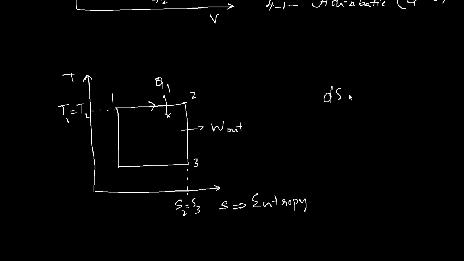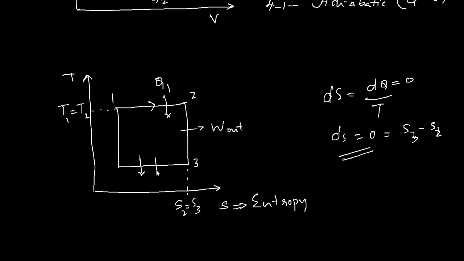Change in entropy is dS equals dQ by T. So if dQ equals 0, that means dS equals 0, and that's why there is no change in entropy, that is S3 minus S2 is 0, and therefore S2 and S3 are the same. And then you have isothermal heat rejection here to the sink at T3 equal to T4.